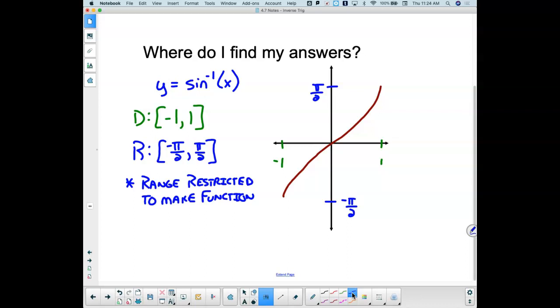So really, for inverse sine, you are looking at the right half of the unit circle. That's where you will find all the range of values from negative 1 up to positive 1.